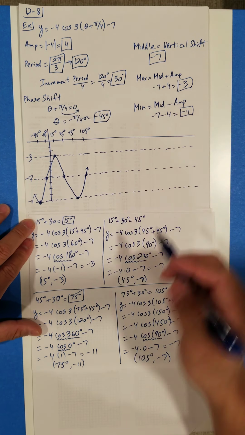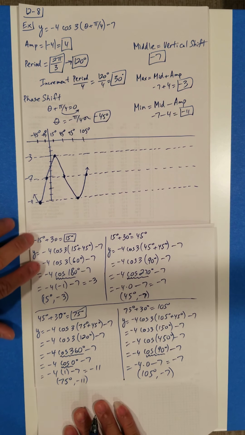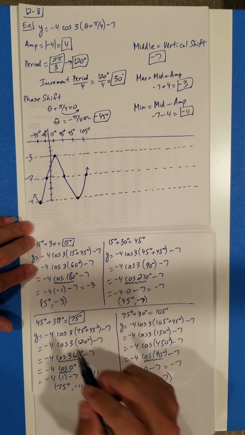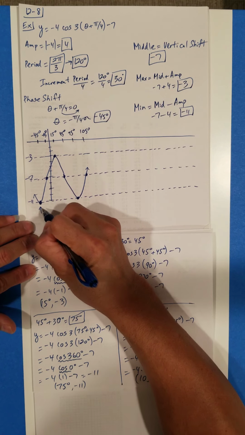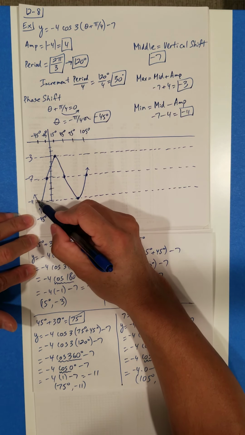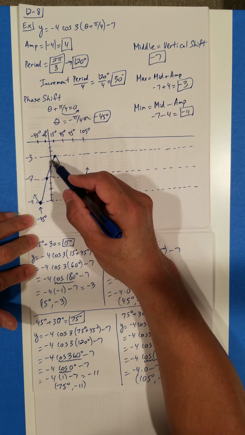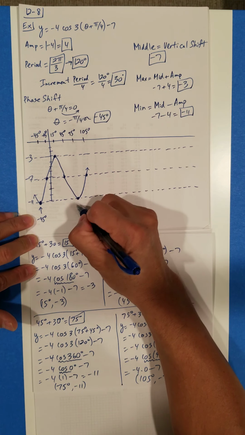Okay? Here's something interesting that I want you to understand. If you look at here, this angle is -45 degrees. And this is kind of like the starting of our graph. And look where it led us to here, right? And look at here.